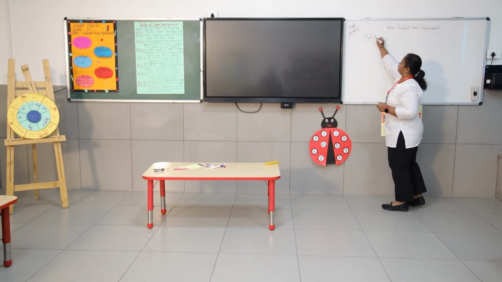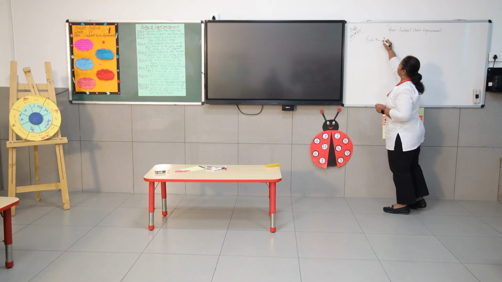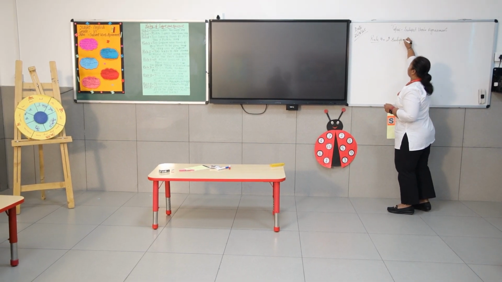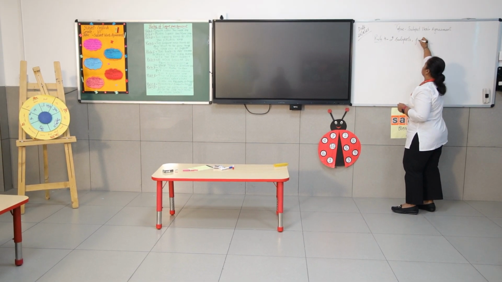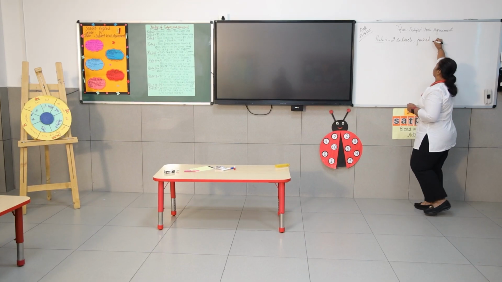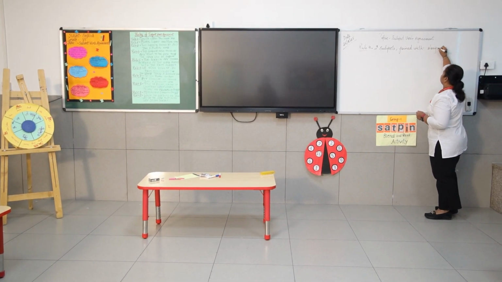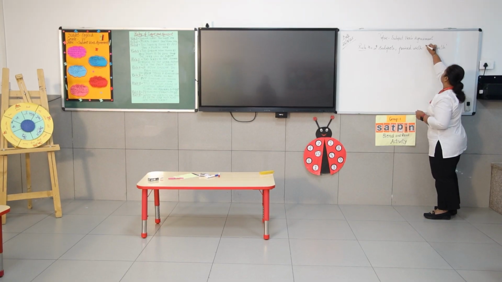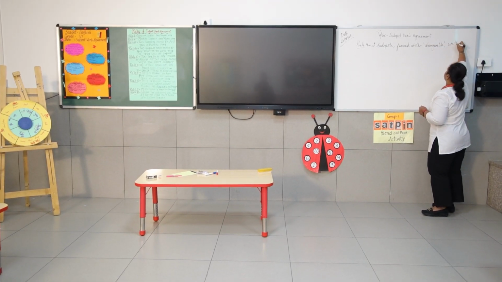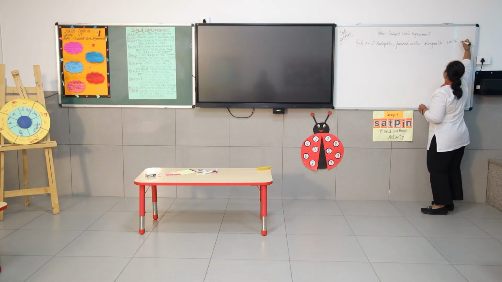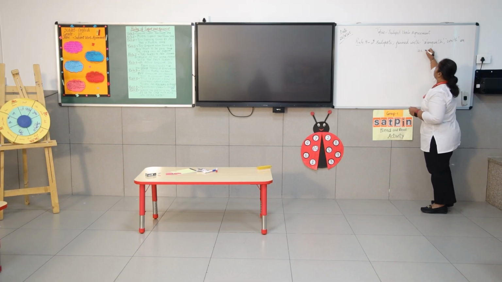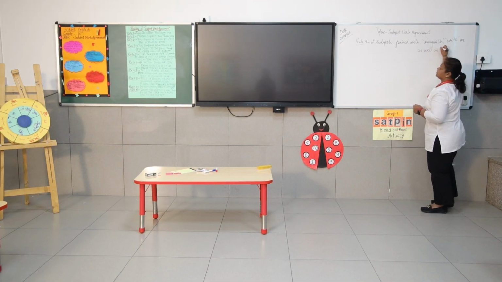Moving on to the fourth rule, we have again two subjects joined with "along with" or "as well as."